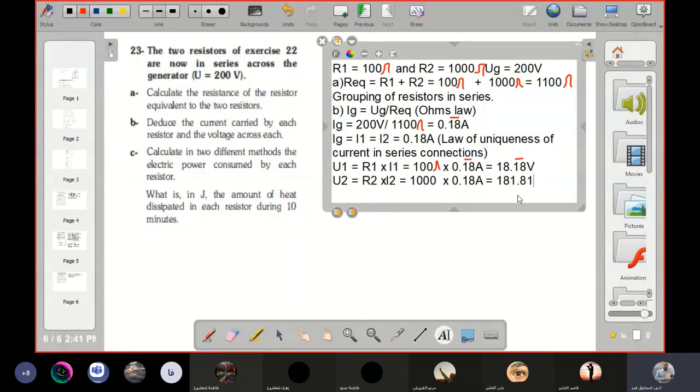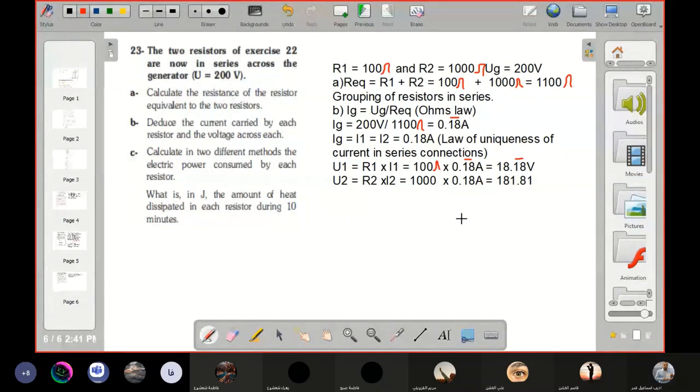I think it will be 181.81 repeating. Okay, check the answer.